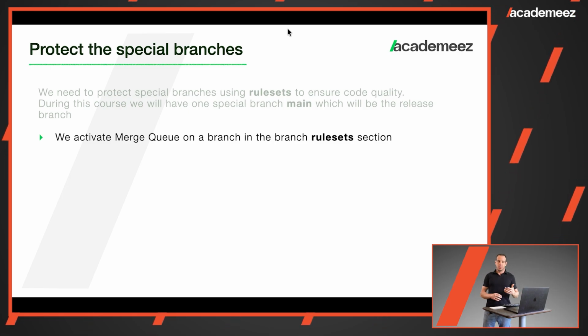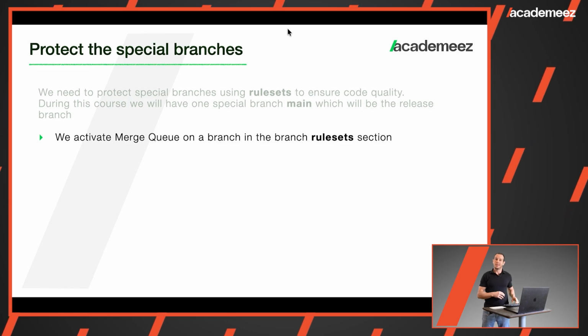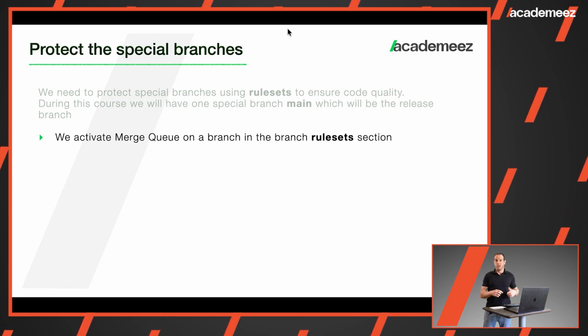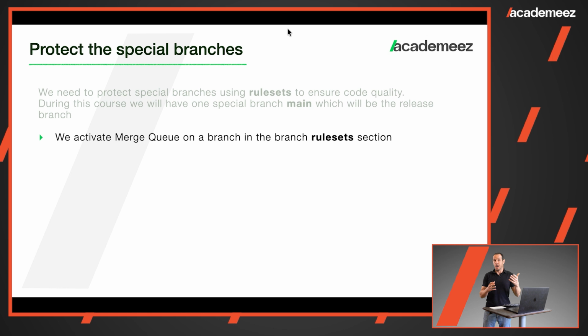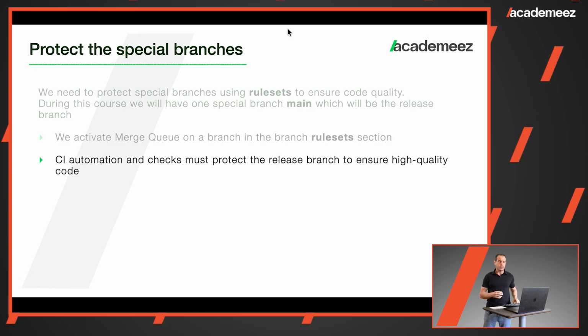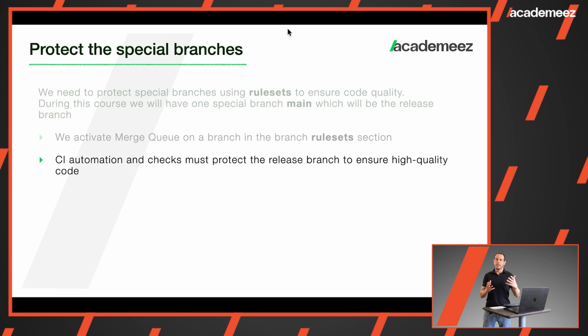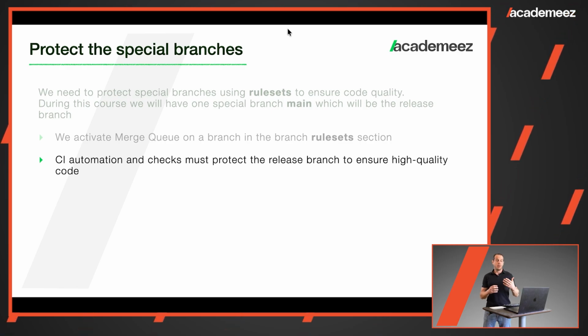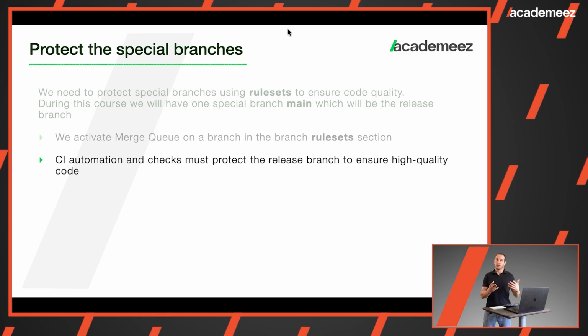And we activate the merge queue by going to the rule sets, as we saw. You'll see an option there to activate the merge queue. And as we said, we need to add reliability to those special branches. So from the rule sets, you can add different options to increase reliability.